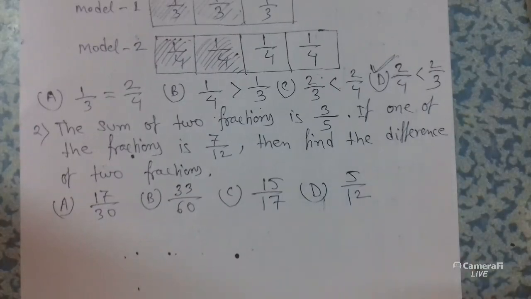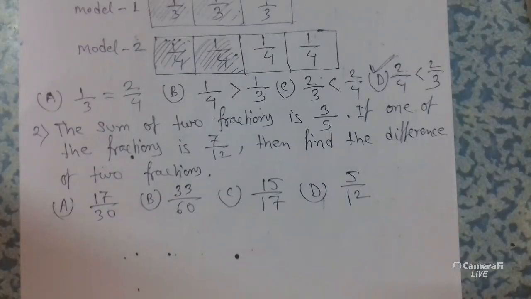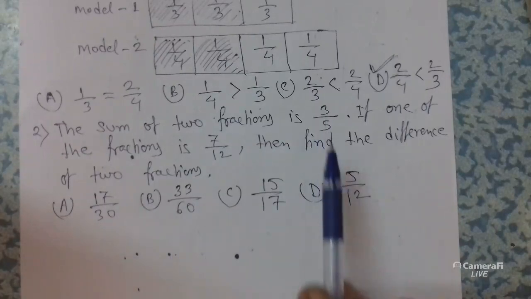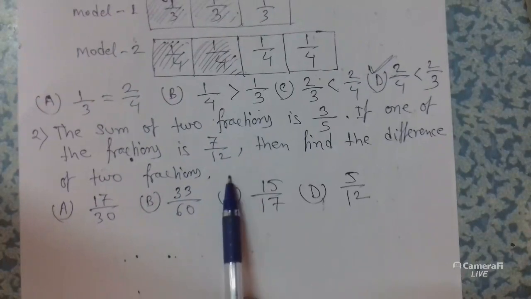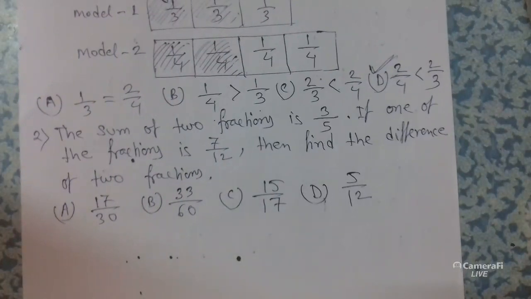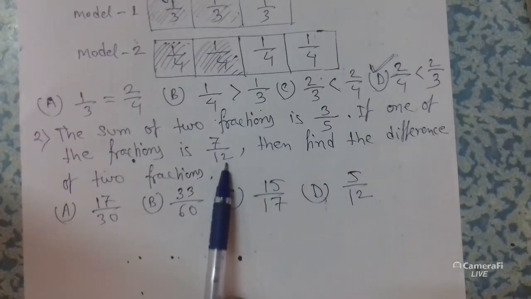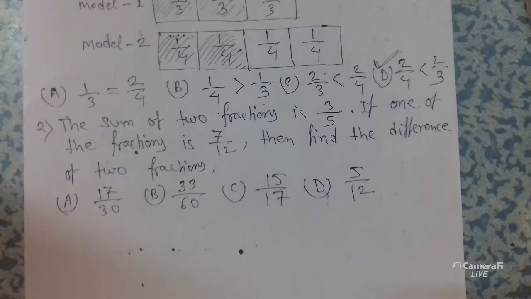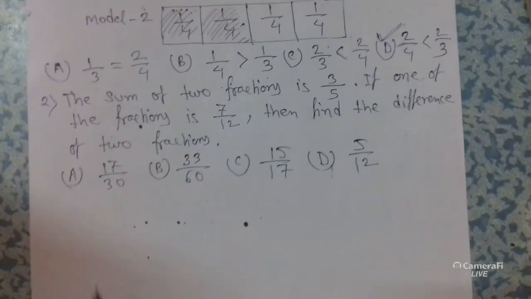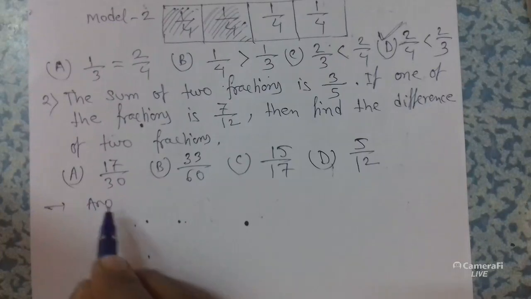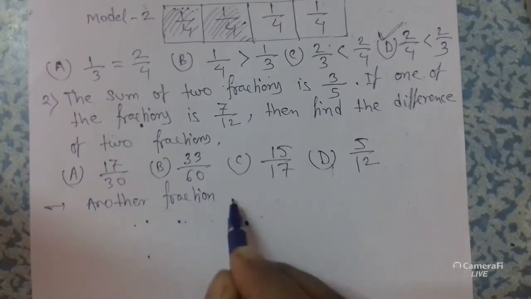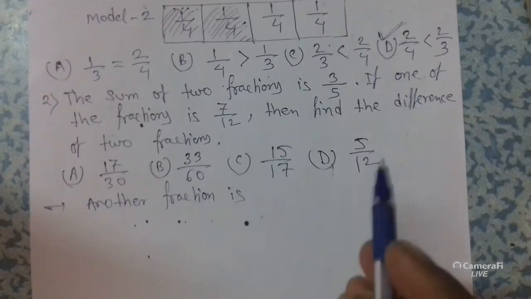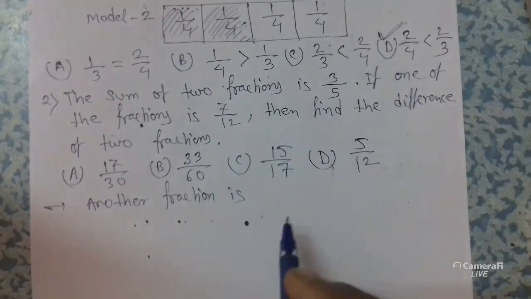5 by 12. So here the problem is the sum of two fractions is 3 by 5, and if one of the fractions is 7 by 12, then find the difference of the two fractions. So one fraction is given, that is 7 by 12. Now we have to find first the other one. So here another fraction is found by subtracting 7 by 12 from 3 by 5.